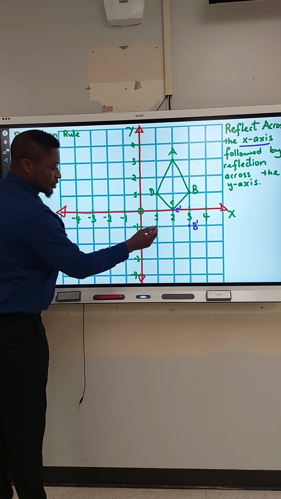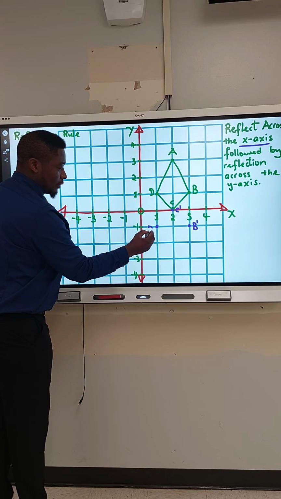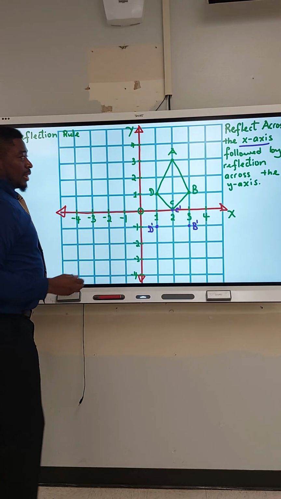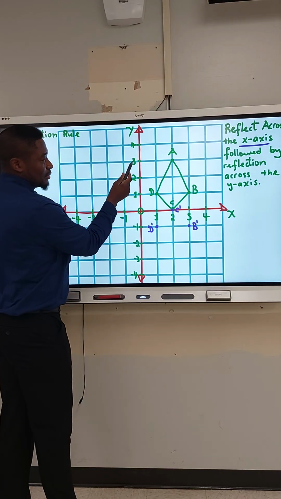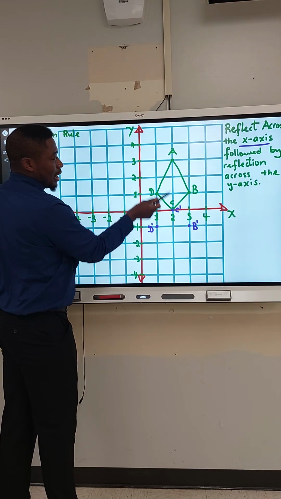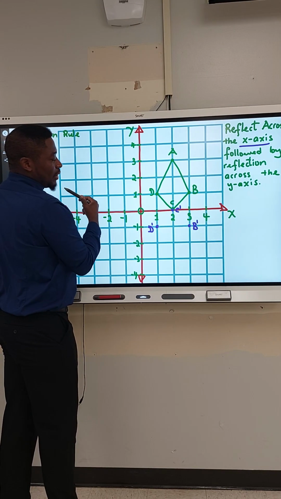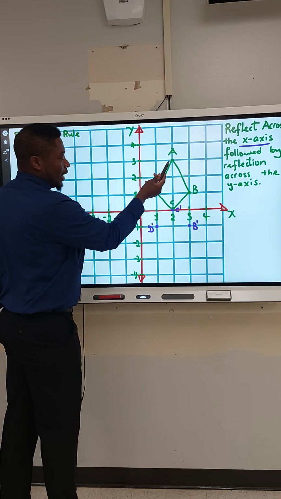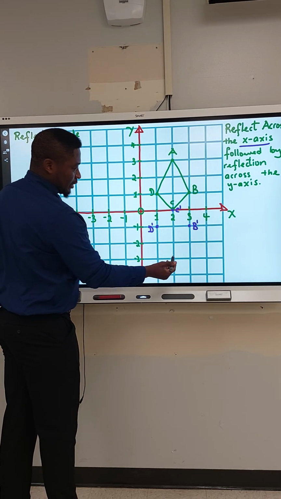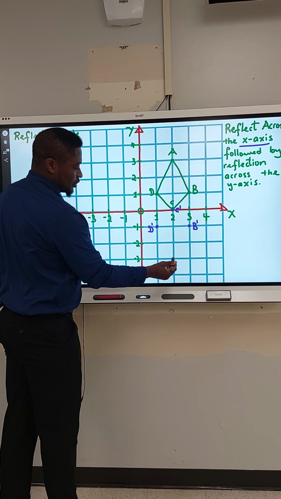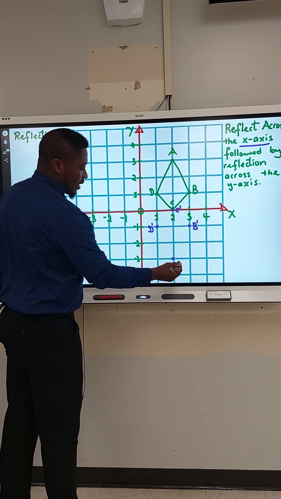D prime will also be 1 unit away from the mirror. The point A is 3 units up away from the mirror, and so A prime will be 3 units into the mirror. So A prime will be right here.